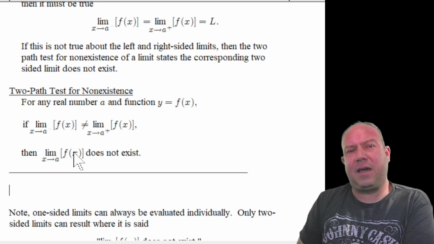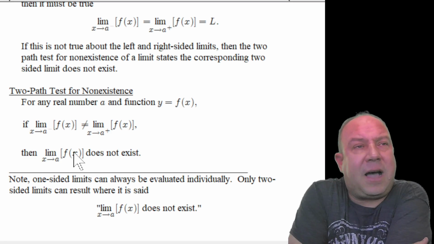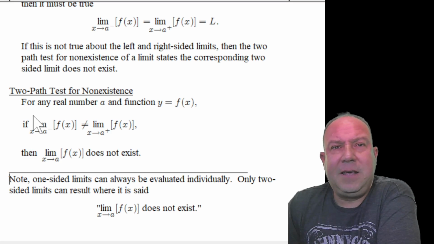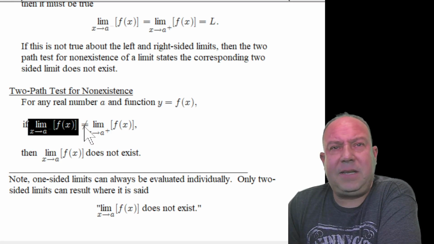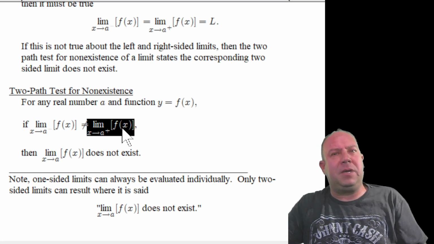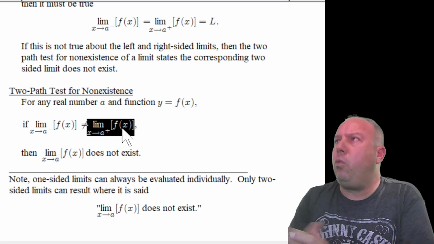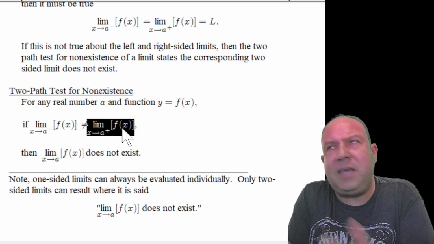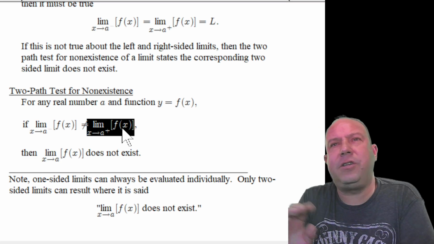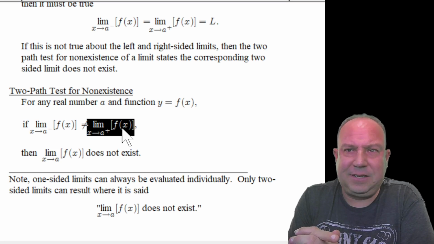I also make a note on that here. Note: one-sided limits can always be evaluated individually. You can always calculate this limit in the if statement or this limit in the if statement. What won't necessarily always be true is that they equal each other. And if they don't equal each other, the corresponding two-sided limit will not exist.